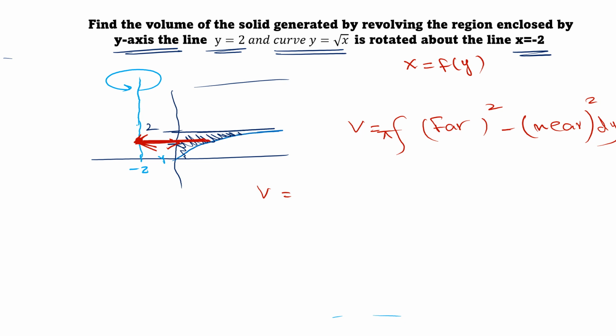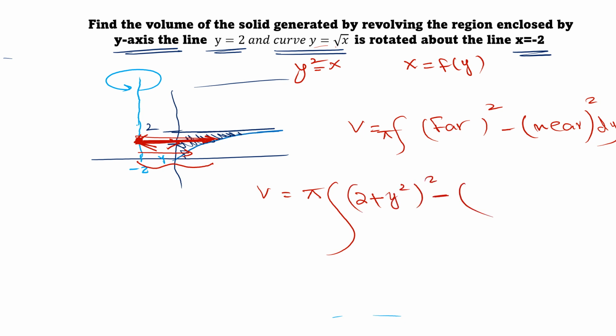Plus this part means from here till here, the farthest one is 2 plus what? Root x. But we don't write root x, we will write the equation in the form of y. So it is y square, whole square, minus the nearest one.